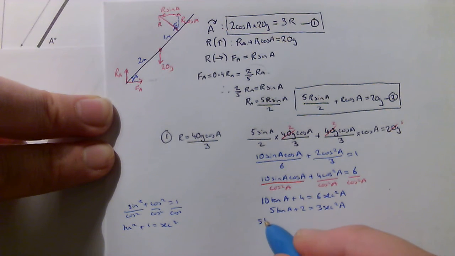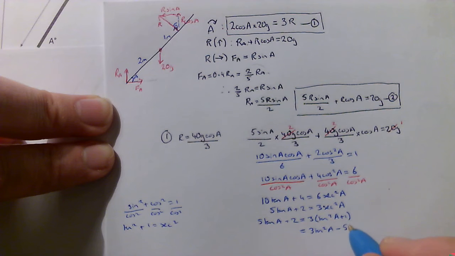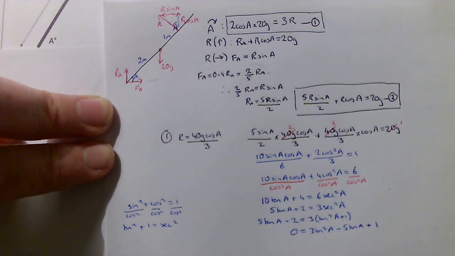So I've got 5 tan A plus 2 equals 3 lots of tan squared A plus 1. And then I'm left with 3 tan squared A minus 5 tan A plus 3, and then I've got to subtract my 2, plus 1 equals 0.